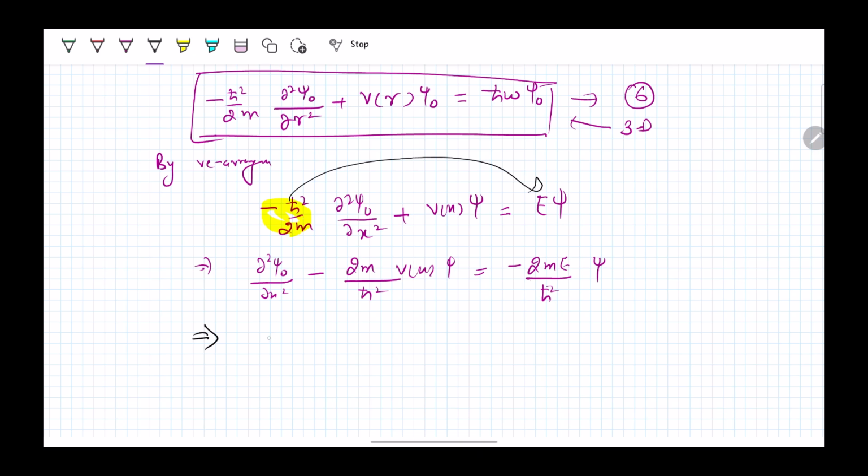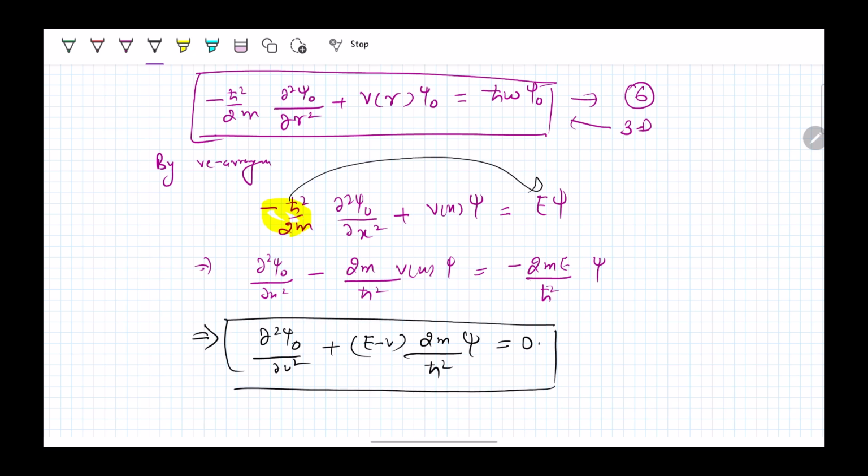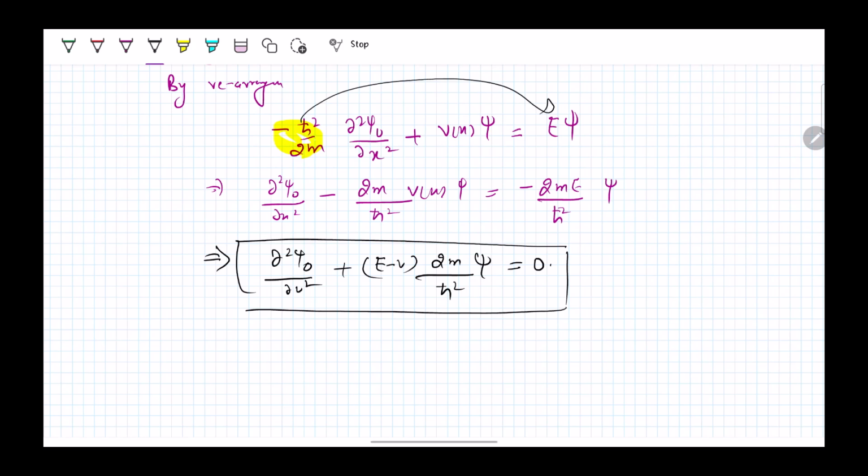And we are left with curly square psi naught over curly x square plus 2m over h cut square (E minus V) psi is equal to 0. Okay, this is the time independent Schrodinger's wave equation, also written as curly square psi over curly x square plus 2m over h cut square (E minus V) psi is equal to 0.